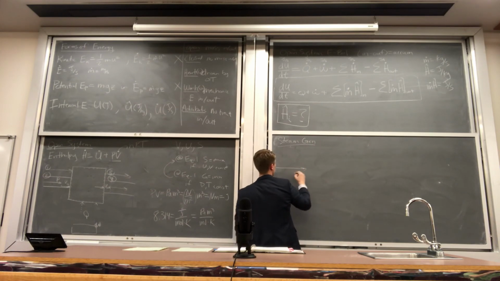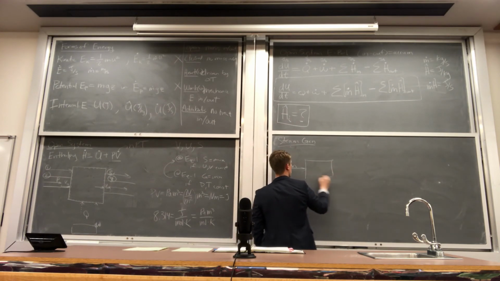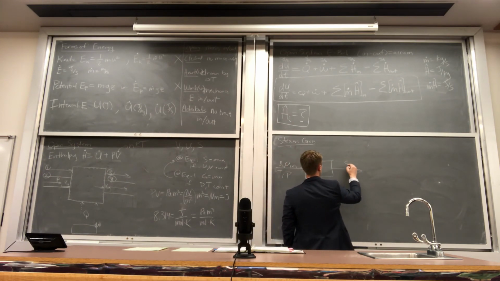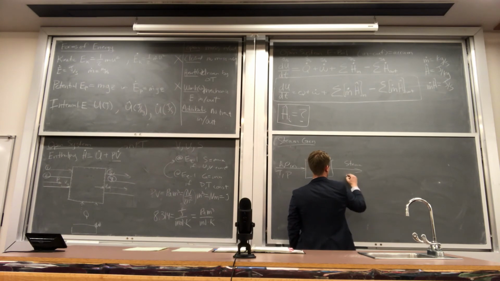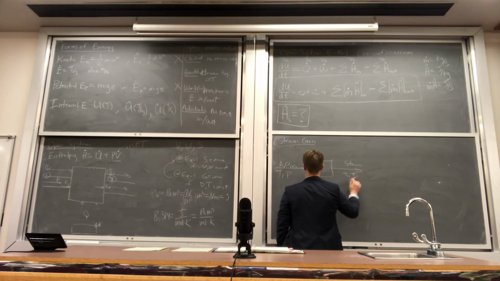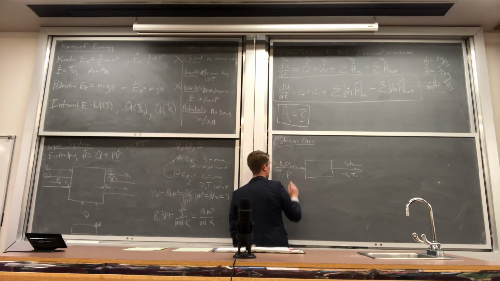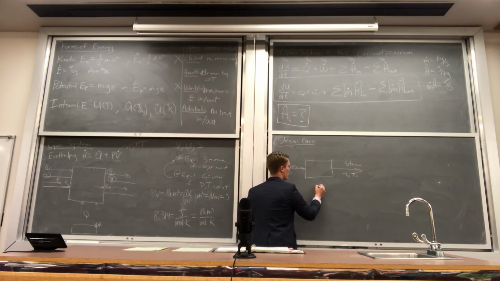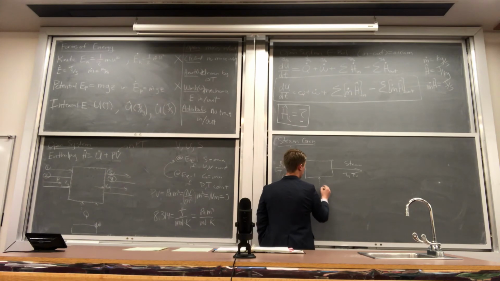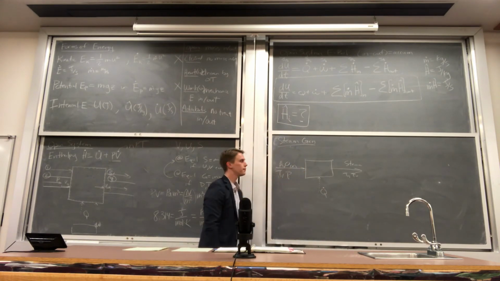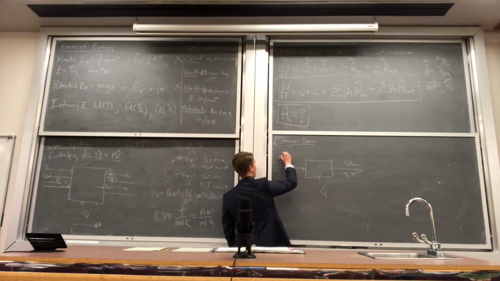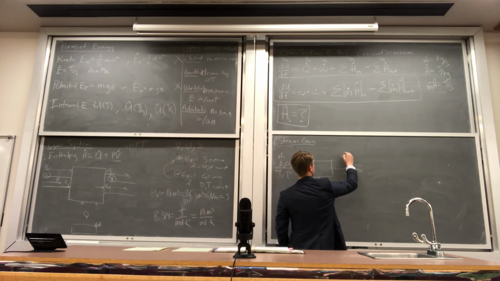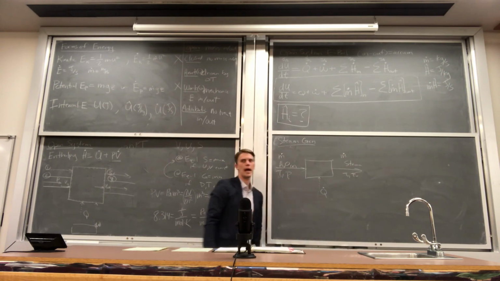We are going to have some liquid water stream entering the system at some temperature and pressure. We are going to have a boiling unit, and it's going to leave as steam at some temperature out and pressure out. And we're going to accomplish this task by just putting heat into it. We're going to have some mass flow rate of water in and some mass flow rate of water out.